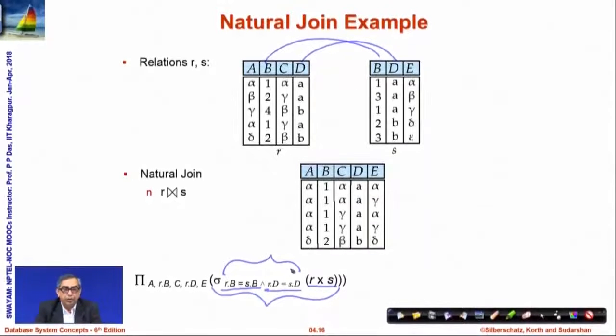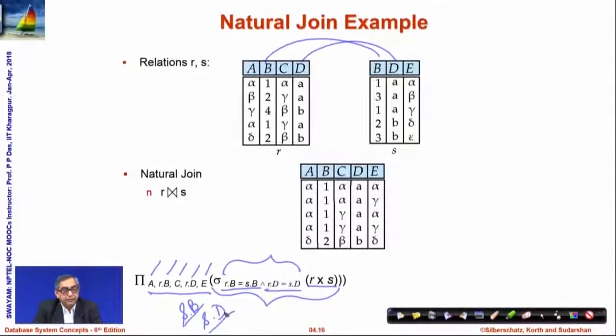So, there is no reason to keep 2 B columns or 2 D columns. So, now you project on A, R dot B, C, R dot D and E, which means that S dot B and S dot D are left out.